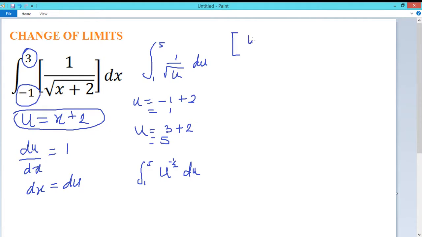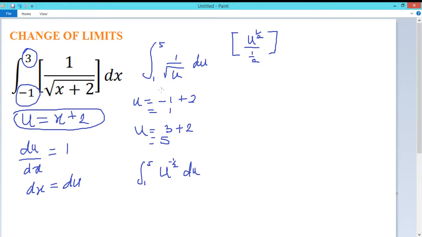We increase the power of u by 1, which becomes positive half. Then we divide through by the result, which is half. This one is a definite integral, so the c is not relevant. Those who came to the Scholars Campus, we explained why the c is not relevant.